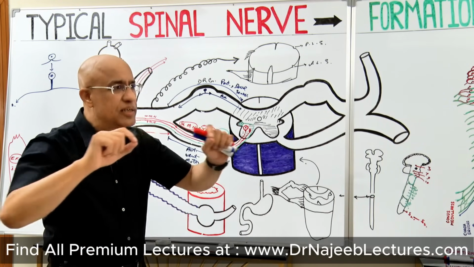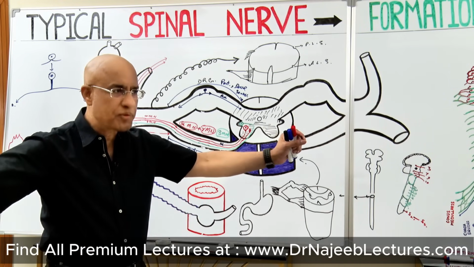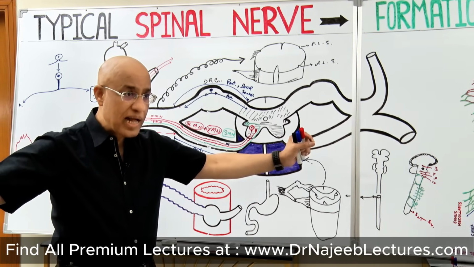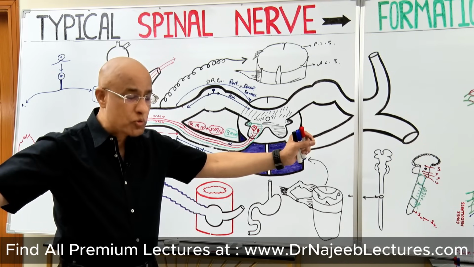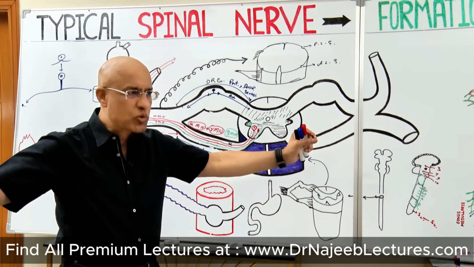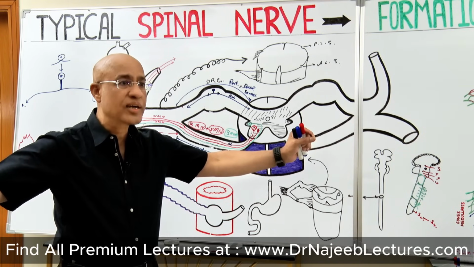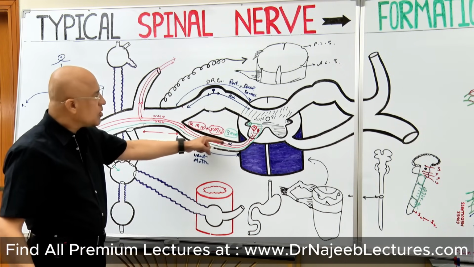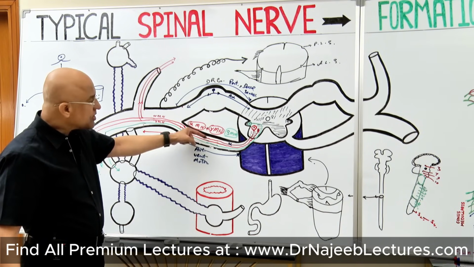It means they are very rapidly transmitting fibers. A alpha, heavily myelinated with lots of nodes of Ranvier, are fast conducting fibers, right? Alpha motor neurons are more myelinated, fast conducting.